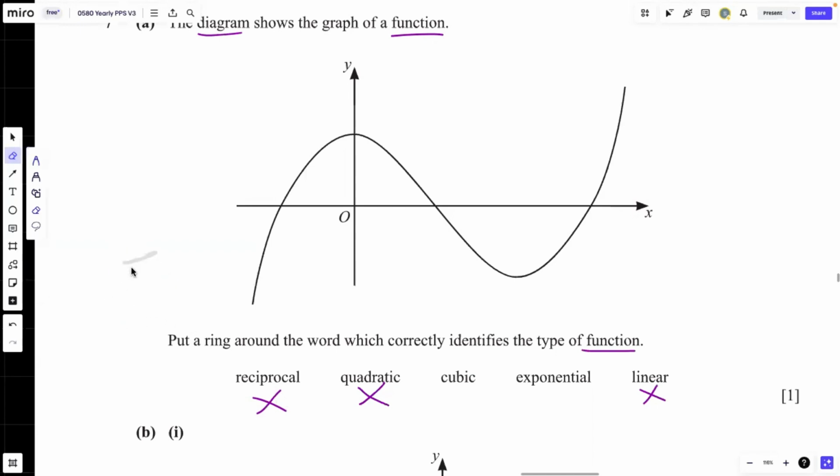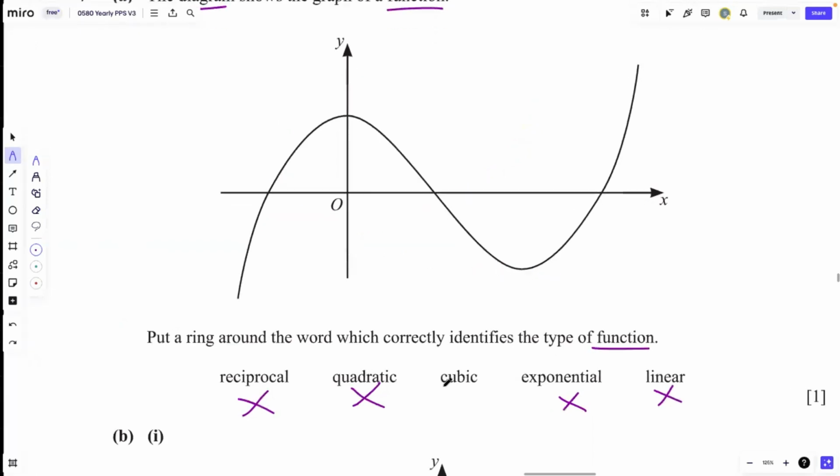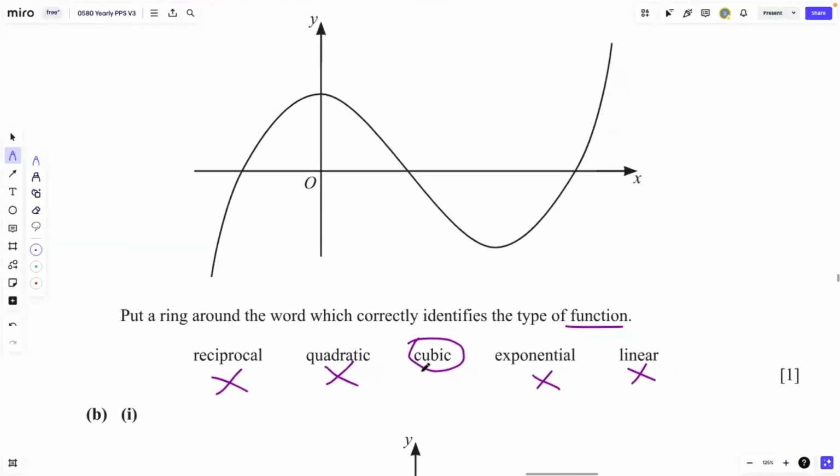It does not look like that. And it's not going to be exponential either, because you have something of this sort or the other way around, and we do not have that either. It's actually going to be cubic. That's your correct answer for this part.